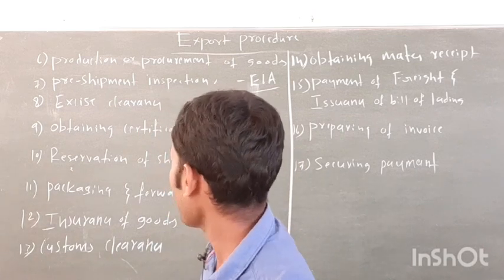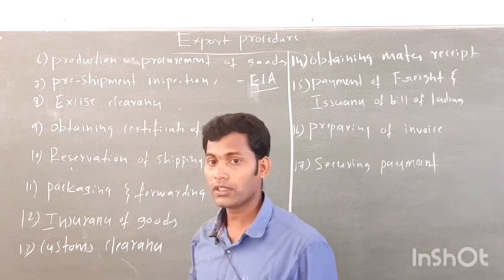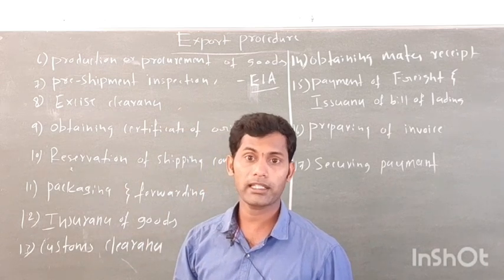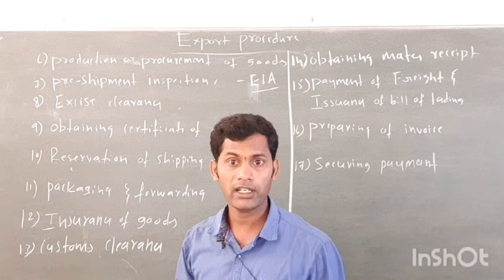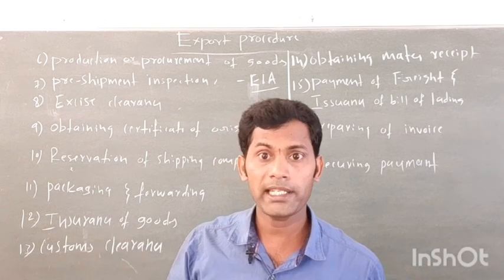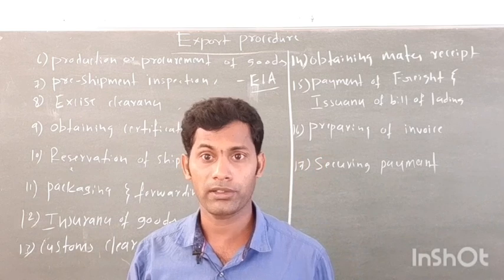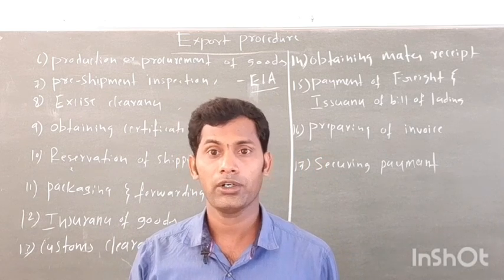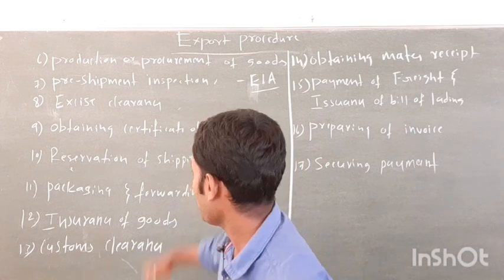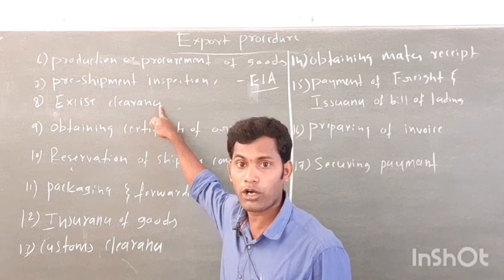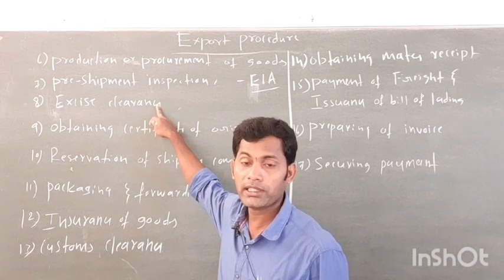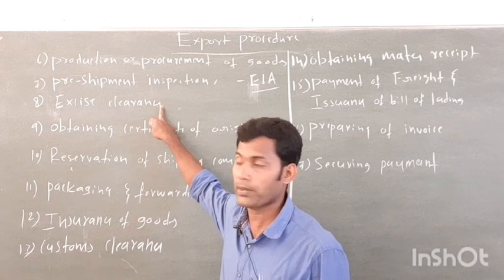Then eighth one, excise clearance. Okay, excise duty is indirect tax, the tax levied on the materials that are used for production in the domestic or in the country. When you come to excise clearance, excise duty, it is a tax levied on the raw materials which are used for production purpose.